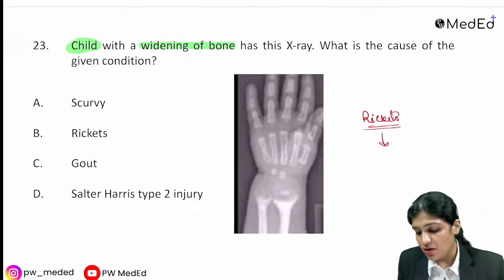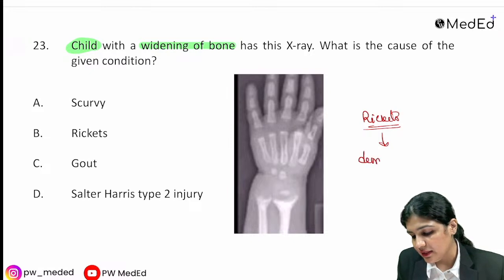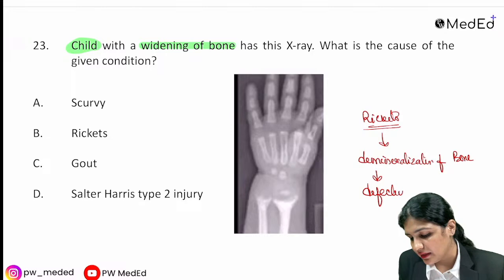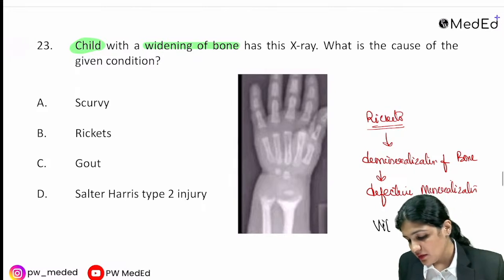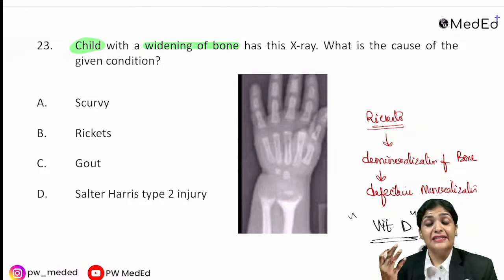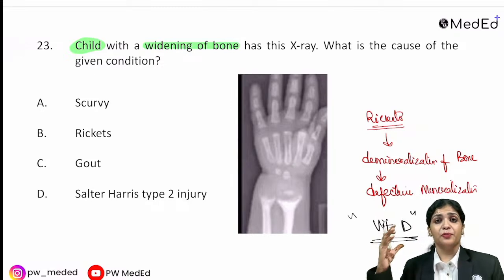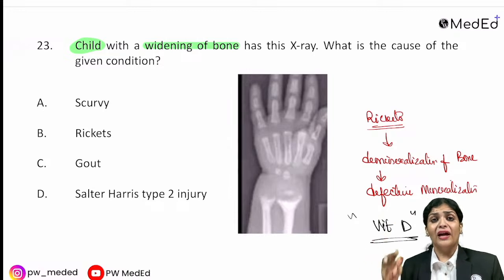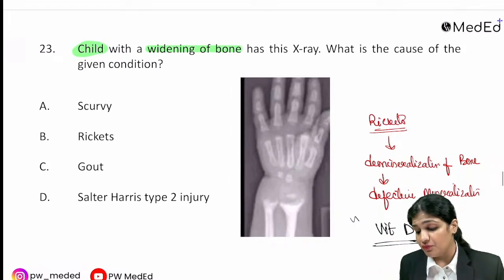So rickets is what? Rickets is nothing but there is a demineralization of the bone, or simply it could be a defective mineralization. Here, because of the absence of what important vitamin, so there is absence of vitamin D. So this vitamin D is now considered as the hormone, and it is the most vital element which is important for absorption of calcium.